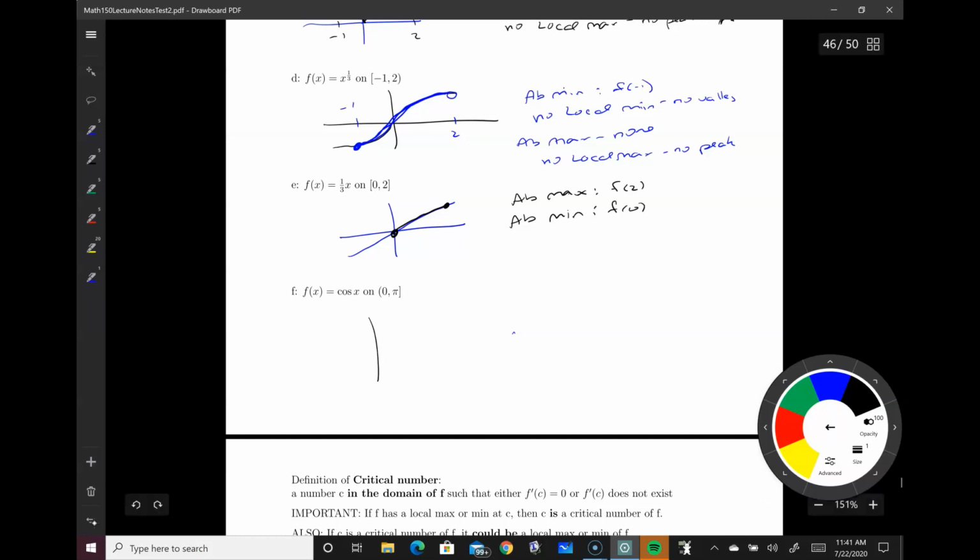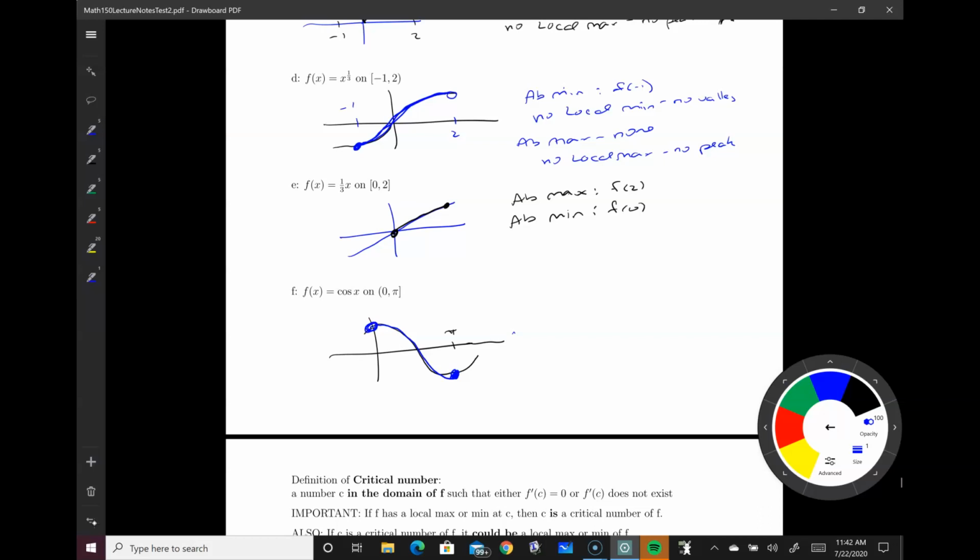Last one here, cosine of x. Cosine, you know, is like this. That would be between 0 and pi. So here's pi, and here's 0. This part of the graph, do not include this point, and go all the way down and include this point.